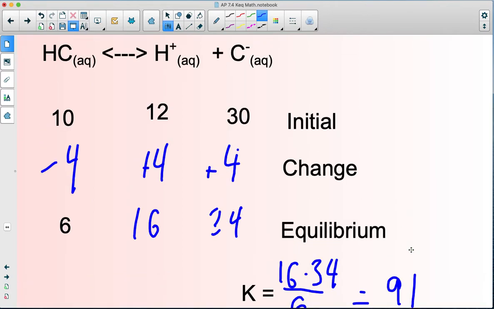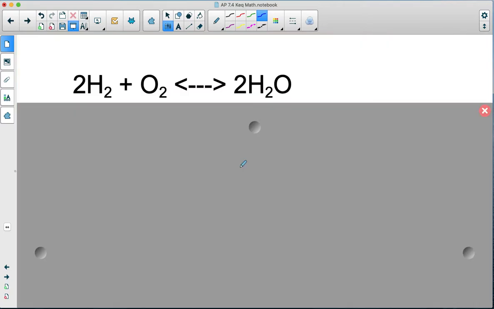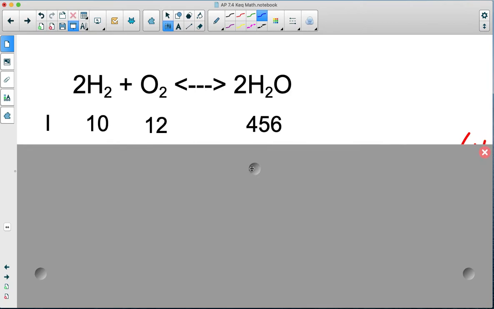Okay, in this case, it was a little different. Instead of giving us the change, they gave us the equilibrium, but you guys are smart enough to be able to put that together and deal with things. 3, 2, 1. Okay, here we go. Initial conditions for the combustion to form water, hydrogen and oxygen making water.